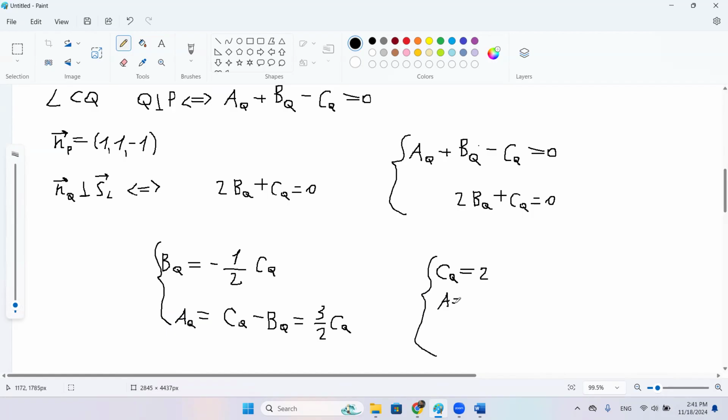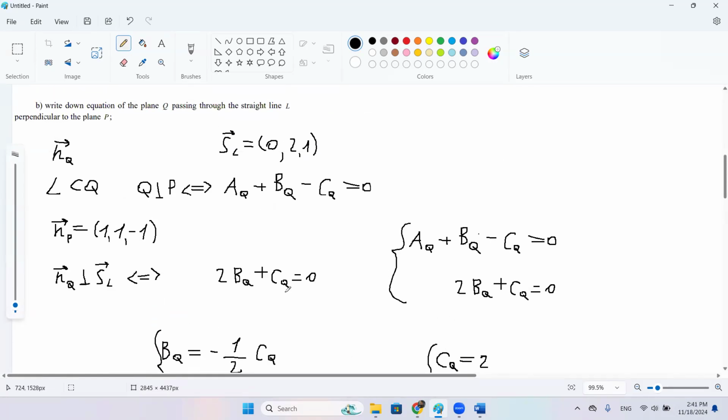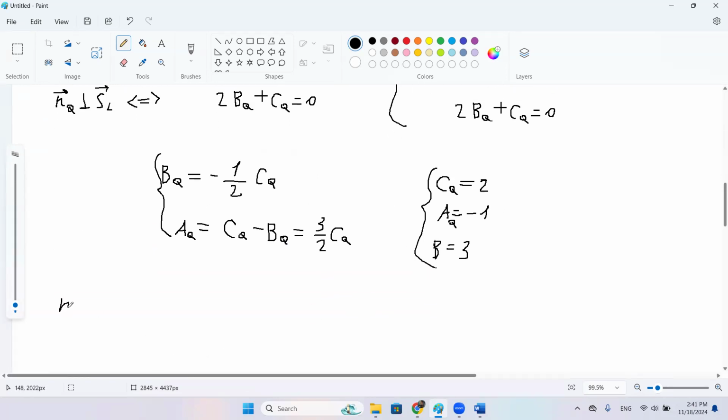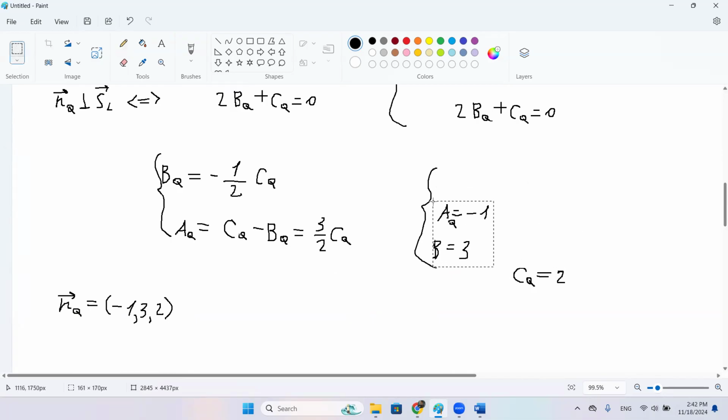So A equals 3 and B equals minus 1. And so now we found a normal vector of Q: 3, minus 1, 2. Be careful with the order. Okay, I will correct it now, so as not to let you get confused.